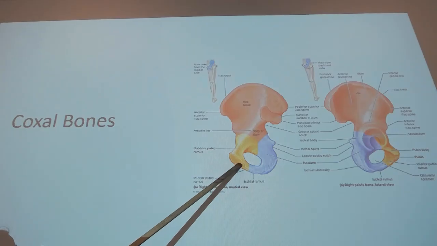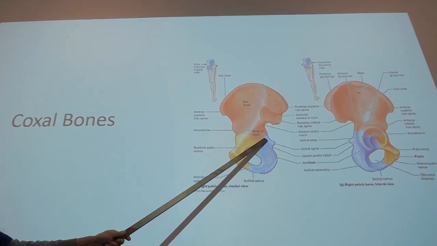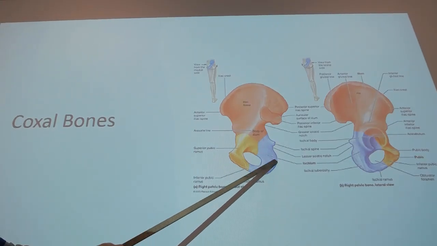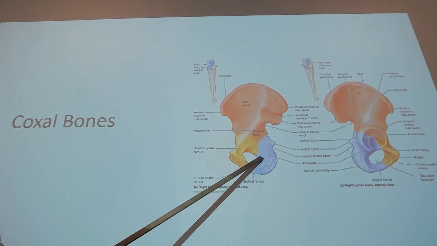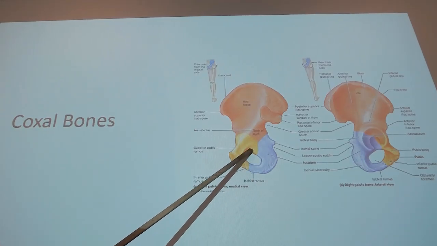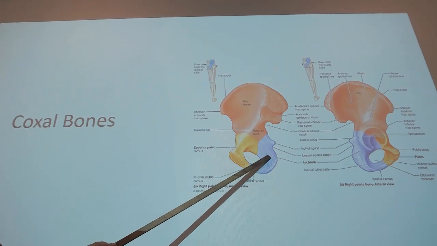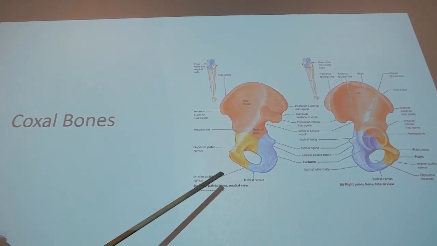This anterior inferior part is the pubis, and this posterior inferior part is the ischium. The three of them meet and form this acetabulum. Well, just these two, sorry. These two meet, the pubis and the ischium, to form this acetabulum.